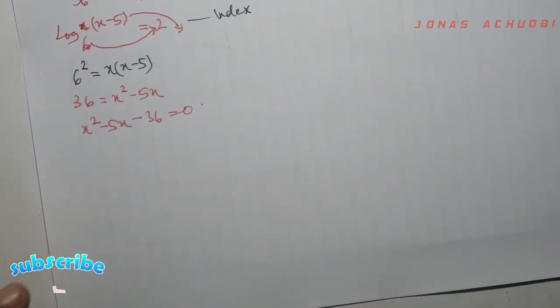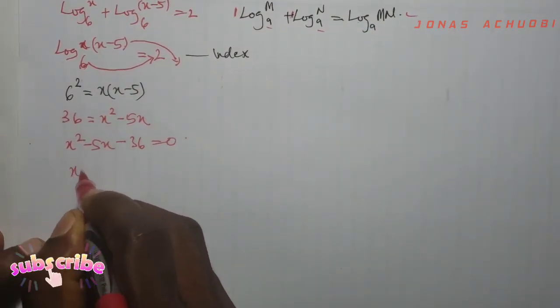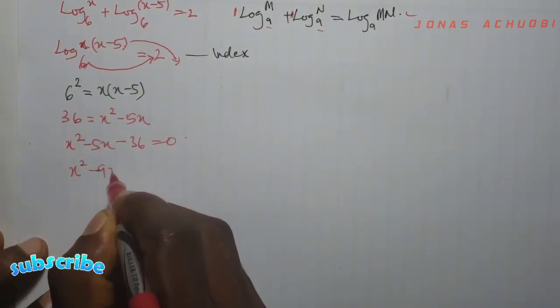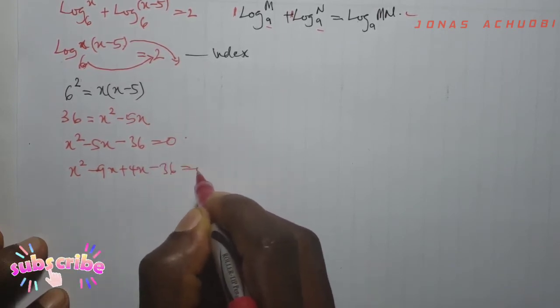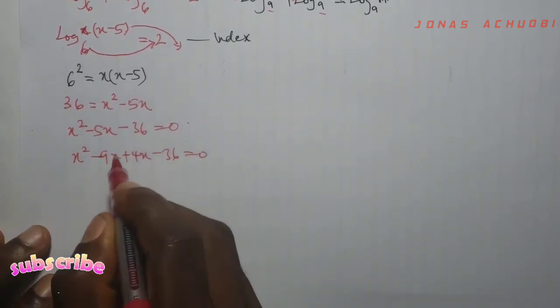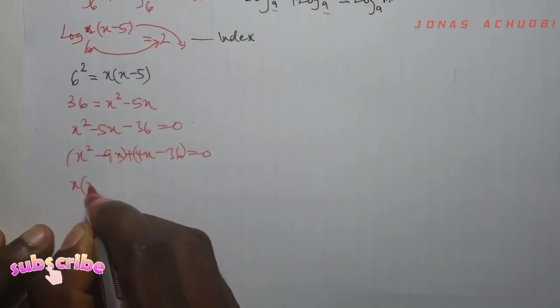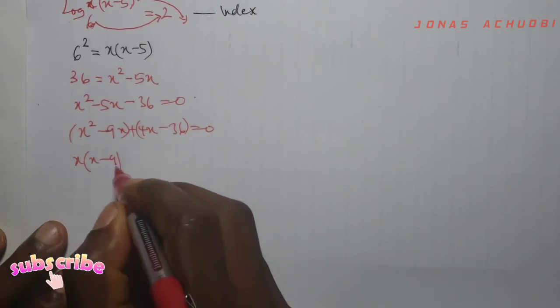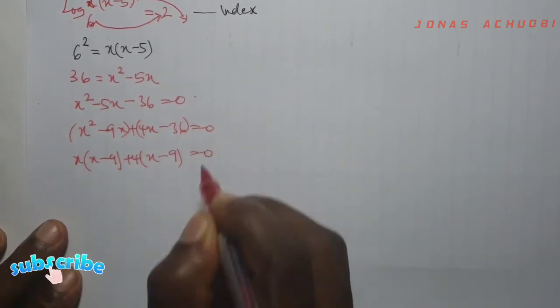So what I have here is a quadratic equation which is to be solved. So I check if I can solve by factorization method. We can factorize as x squared minus 9x plus 4x minus 36 equal to 0. So we have x into x minus 9 plus 4 into x minus 9 equal to 0.